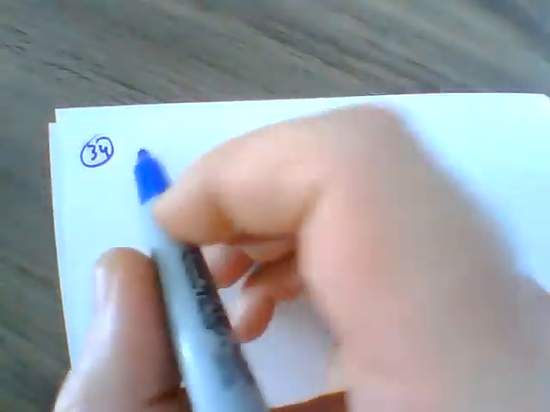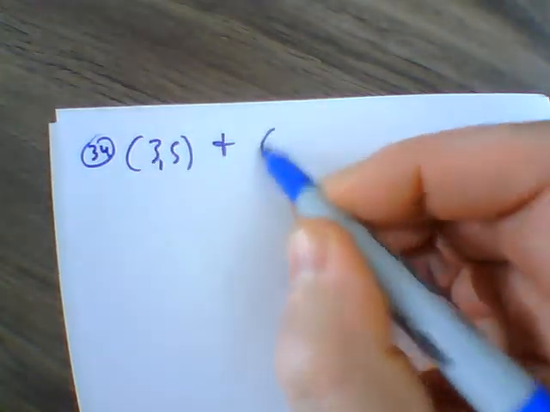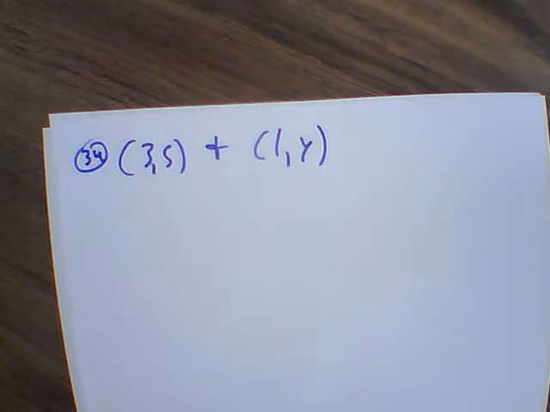One more example, number 34. We're given these coordinate points, and each pair of points is on a graph of an inverse variation. We want to find the missing value.